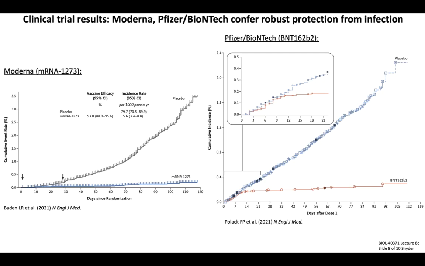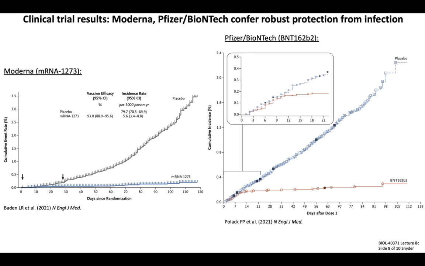Each of these studies involved tens of thousands of trial participants who were randomly split into two groups, one that received placebo injections of liposomes with nonsense RNA that didn't encode any sort of protein, and then another group that received injections of liposomes with RNA encoding the spike protein as a target antigen. Trial participants were then followed out for a few months to see which participants got infected with SARS-CoV-2 as confirmed through qPCR testing for viral RNA.